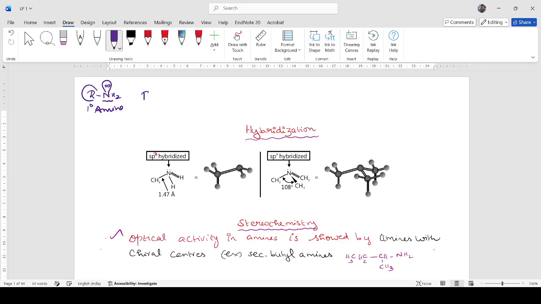R2NH is a secondary amine, R3N is a tertiary amine, and R4N+ X- is called a quaternary amine. Basically, they are called salts, quaternary ammonium salts. Let us first discuss the hybridization, bond angle, and stereochemistry of amines.